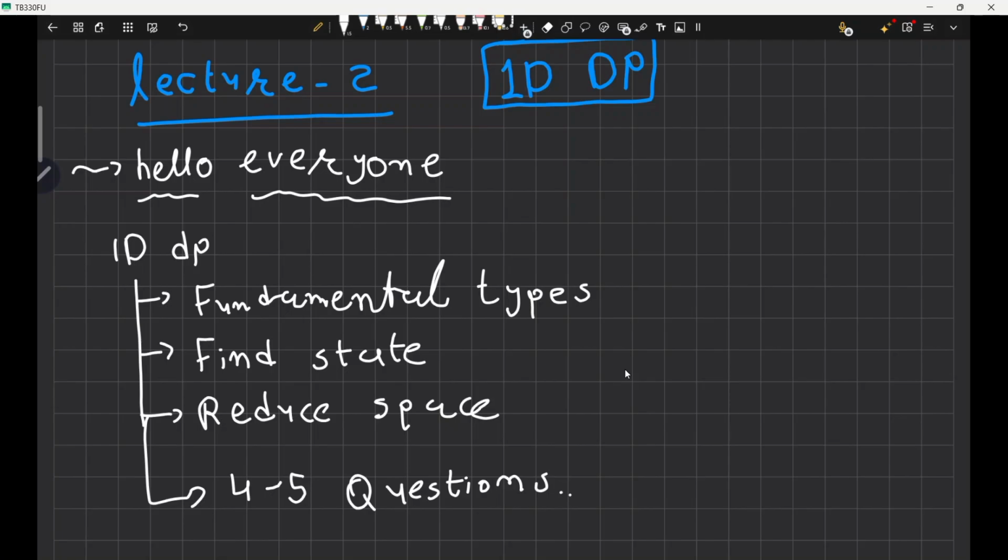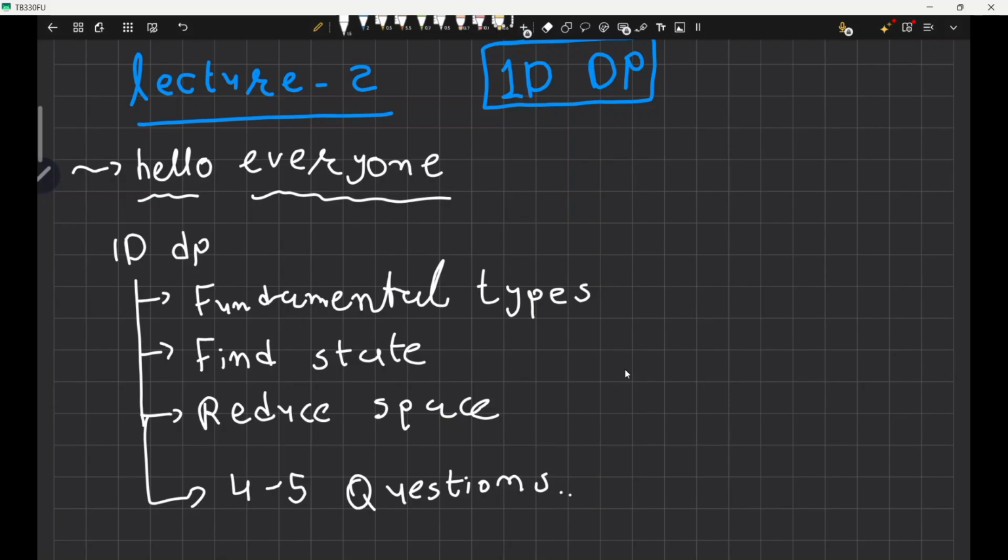In the first video, we talked about basic DP, what the intuition of DP is, and solved some questions: what DP is, how DP is applied in a question, and how to find if DP applies.